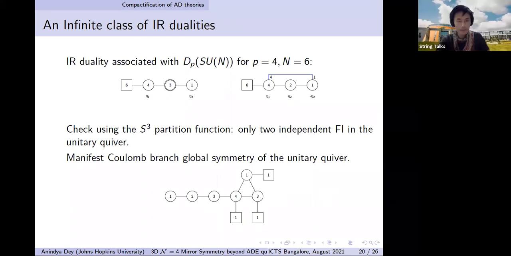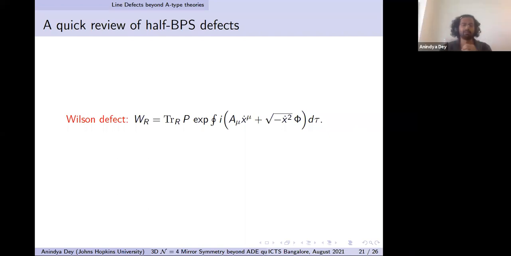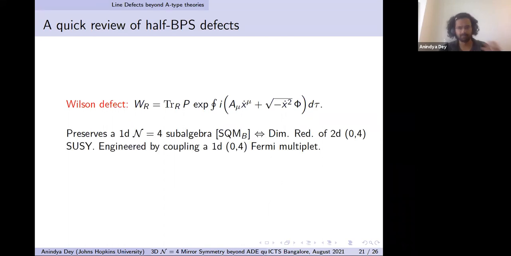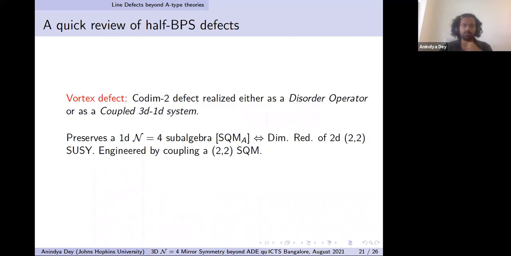So now, what I just said about bare theories could be said equally well for theories with line defects. In particular, if you have half-BPS line defects, there are 2 kinds in 3D n equals 4: the Wilson defect, which preserves a certain 0,4 SUSY within the n equals 4 algebra, and the vortex defect, which preserves a 2,2 SUSY.